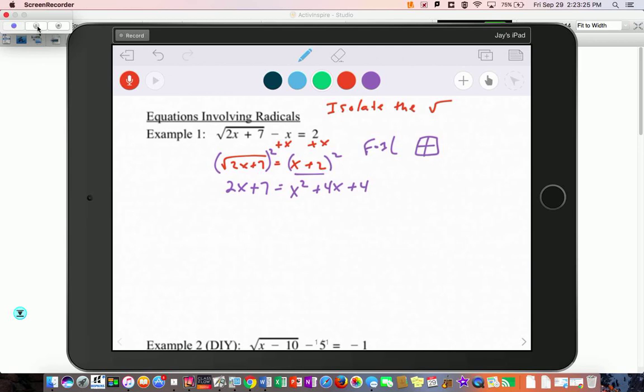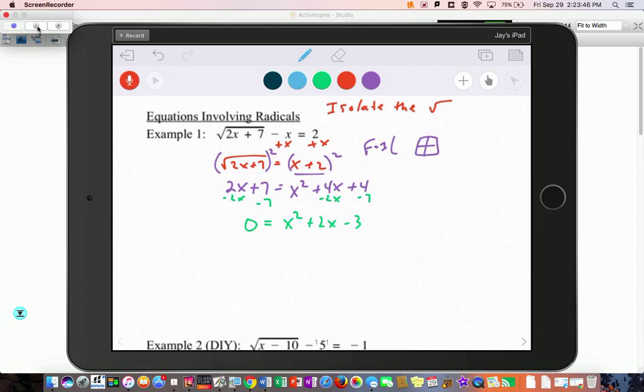And I like to have everything on the x squared side, so I'm going to subtract 2x. And I'm going to subtract 7. So the nice thing is my quadratic now is equal to 0.